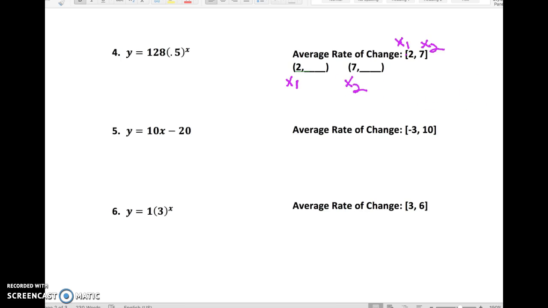Now we have to find our y. Our x also refers to as input. So if you input something in, we're trying to get the output out, and we're looking at this particular function. So I'm gonna put 2 into this x, and I get the output of y.